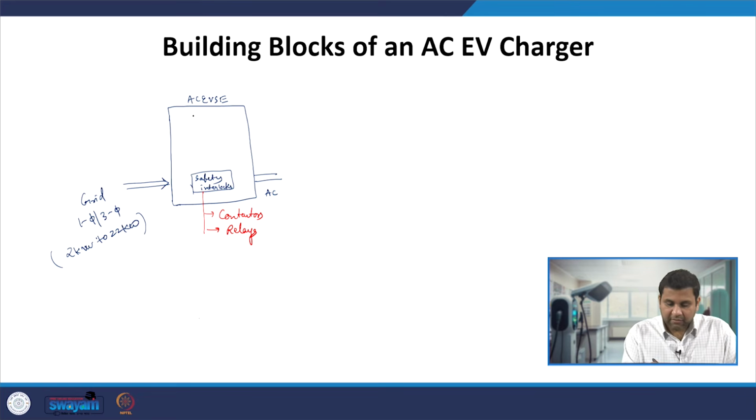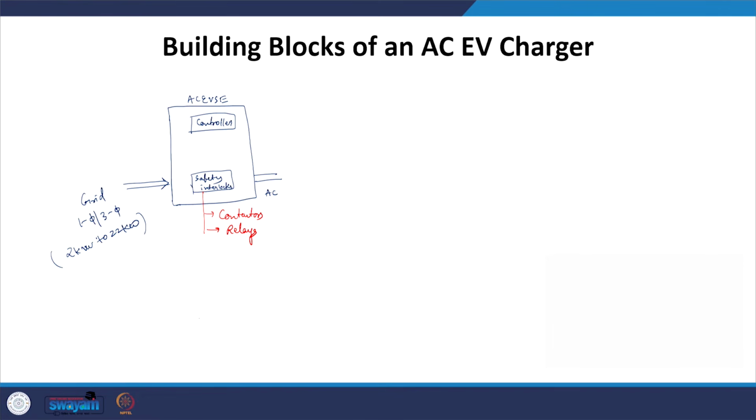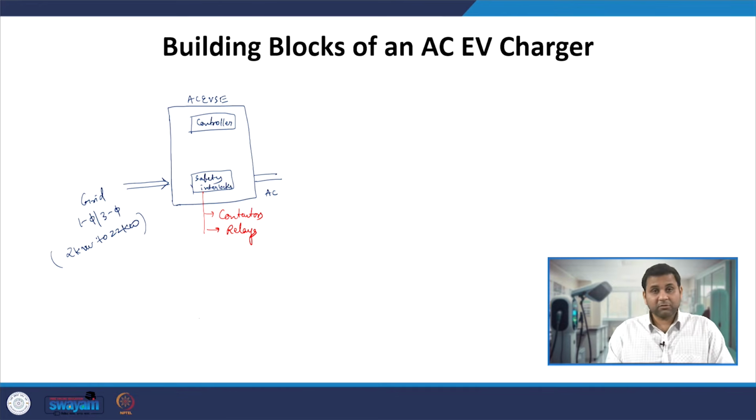And you have, as I mentioned, a controller. Sometimes this is also called the supply equipment communication controller, or sometimes a charger controller as well. So you have a dedicated controller placed in an EVSE, and you have sensors installed in that EVSE.